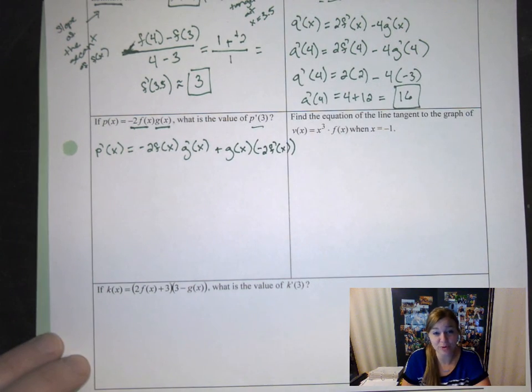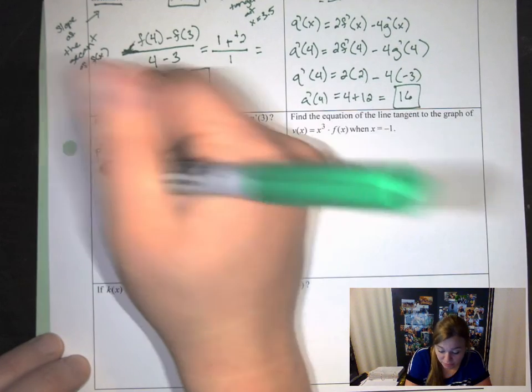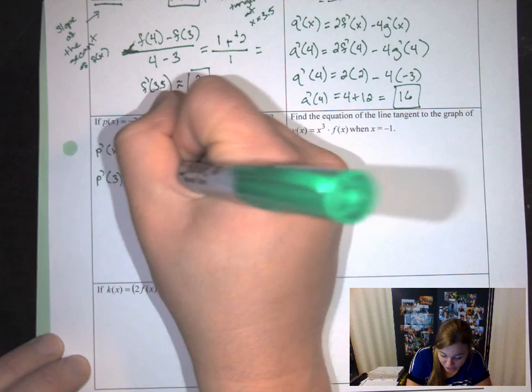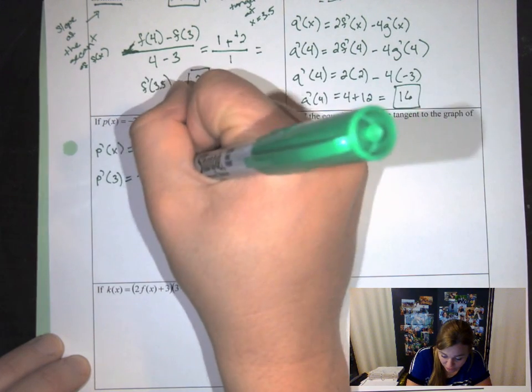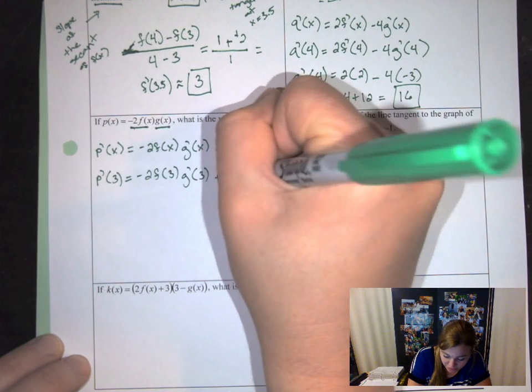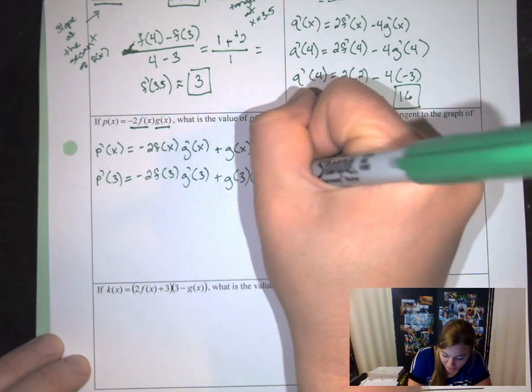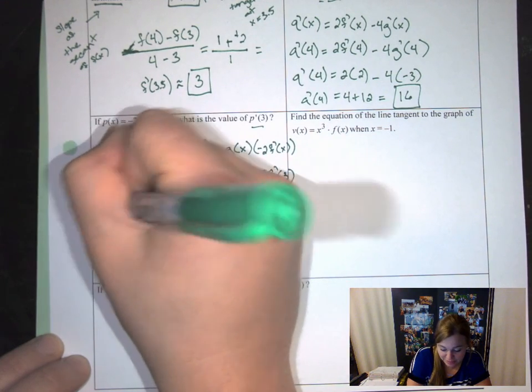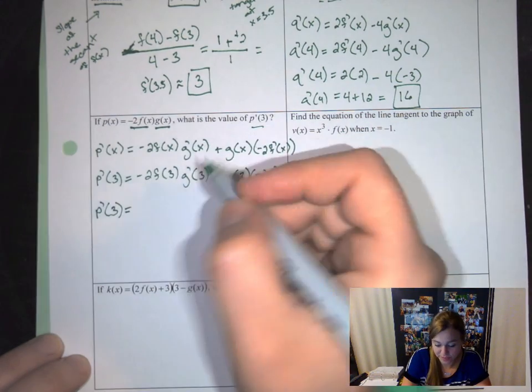And then that's the hard part. After that, you just substitute in. So p prime of 3 is going to be negative 2 f of 3 g prime of 3 plus g of 3 negative 2 f prime of 3. So you can do this and skip and just make sure that you've got the same answer as me.